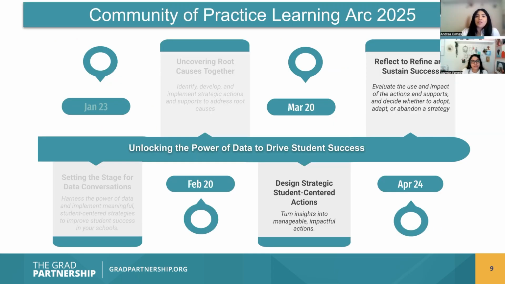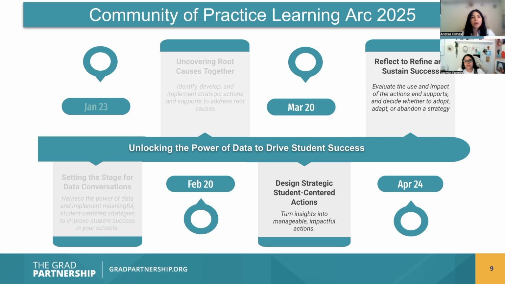Our learning arc for 2025. In January, we started the year talking about data and specifically setting the stage for data conversations. Data is only as good as the learning that supports it. So we practiced engaging in some of those data conversations through a data review.